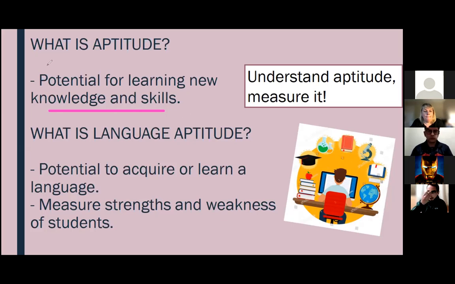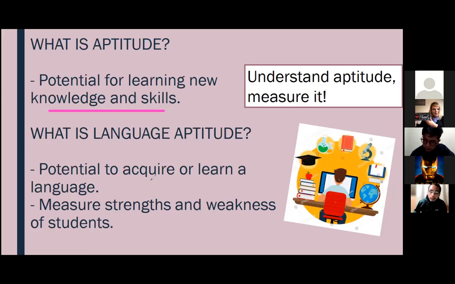So after this, we can say that there is a language aptitude, which could also be defined as the potential to acquire or learn a language. It involves all the skills and soft skills that students have when they learn a language.